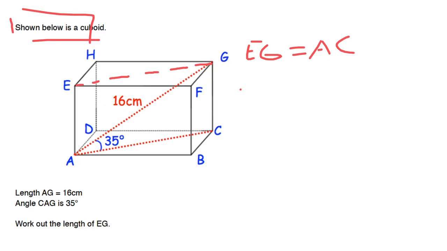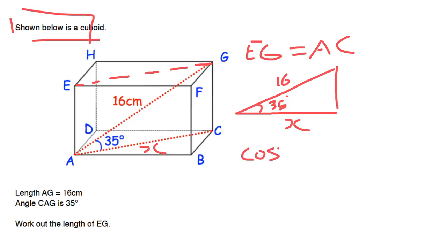And now it becomes so much simpler because you can draw a diagram here. This being AC, which is what we're trying to find, x. This is 16 for what we know, and this is 35 degrees. Now it becomes a really simple question. Of SOHCAHTOA, we have cos 35 because that is adjacent over hypotenuse.